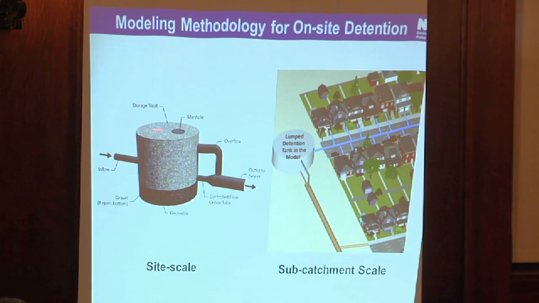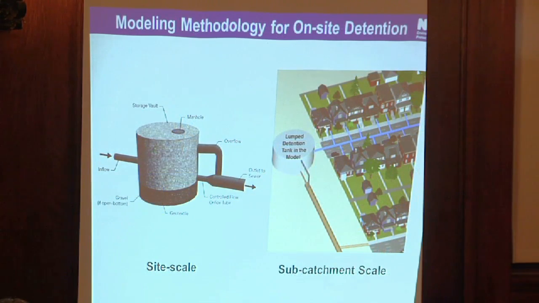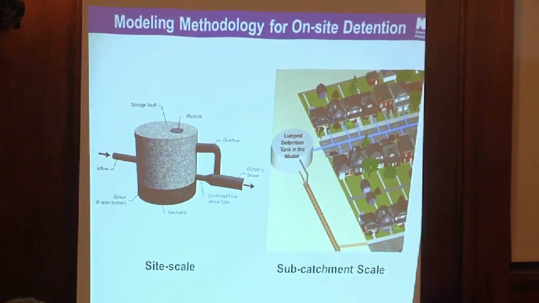So this is what your detention practice is at a development site, for example. So you have this stormwater coming into the detention practice. There is an infiltration that may happen, and there is a constricted outlet that delays the flow from getting into the sewers. And then for large storms, you have a relief pipe that also can get the water down to the sewers.